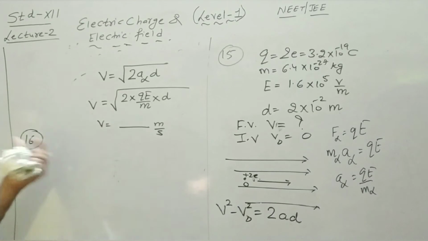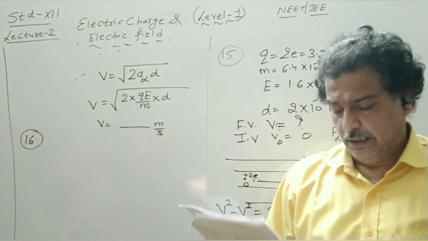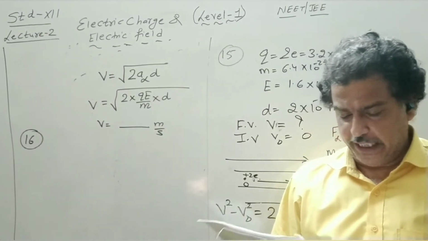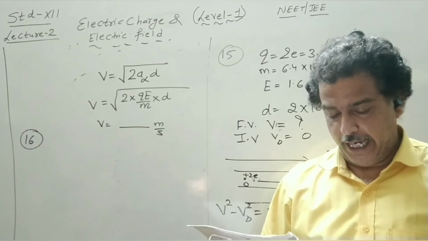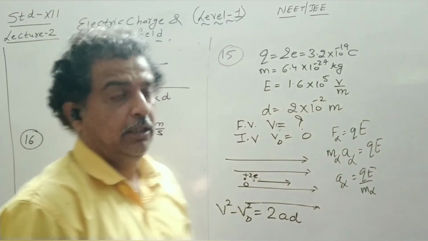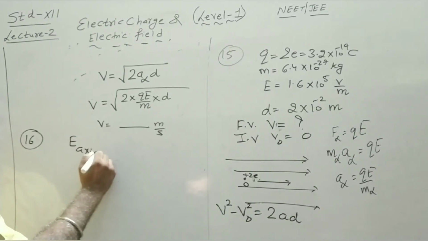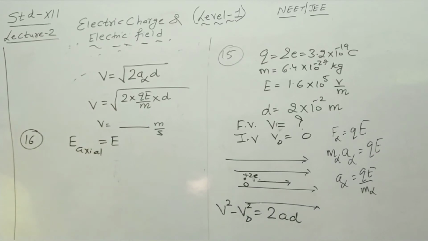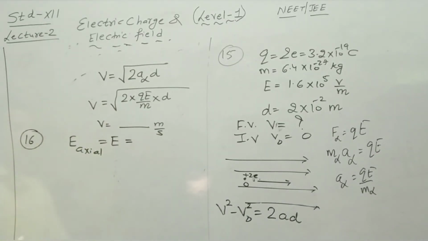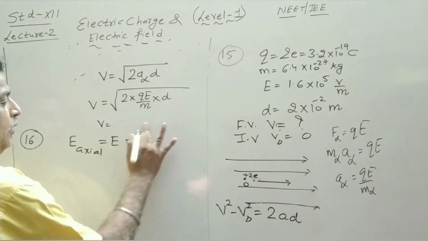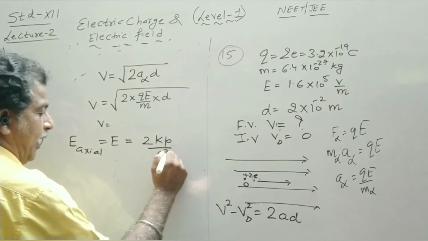Now MCQ number 16, again it is a direct application. The electric field due to an electric dipole at a distance r from its center in an axial position is E. The electric field intensity along the axial position is E, and we know that this was equal to 2 kp upon r cube.